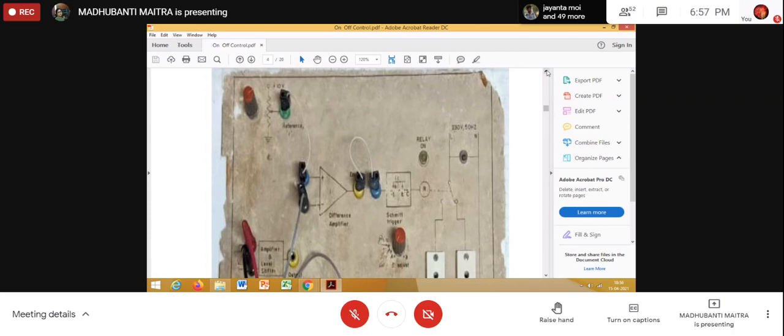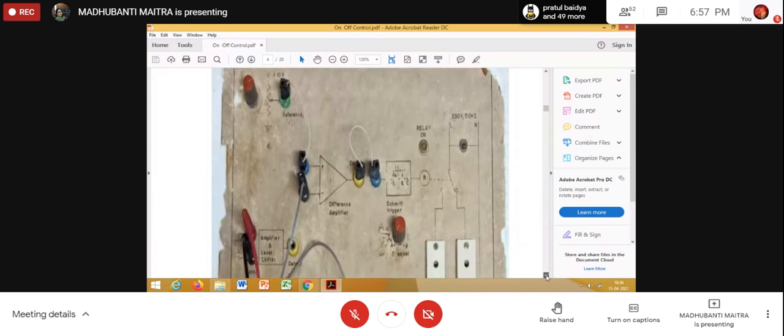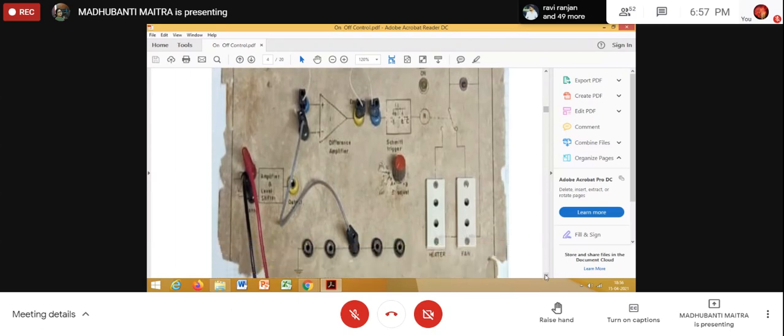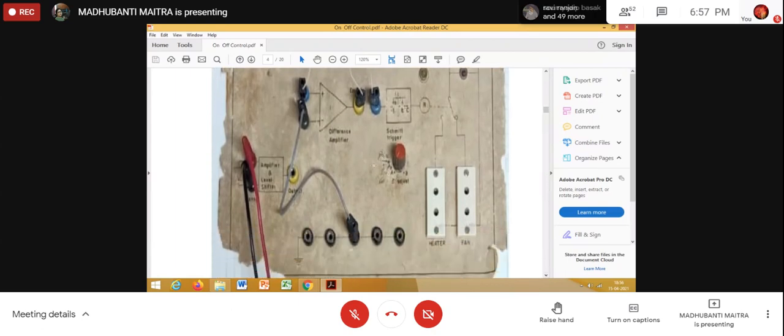The output of the differential amplifier. So in the closed loop configuration that we'll see later on, the output of this amplifier will give us the voltage value which is equivalent to the temperature of the plant, right? That means the output signal. So this output signal will be connected to this terminal.